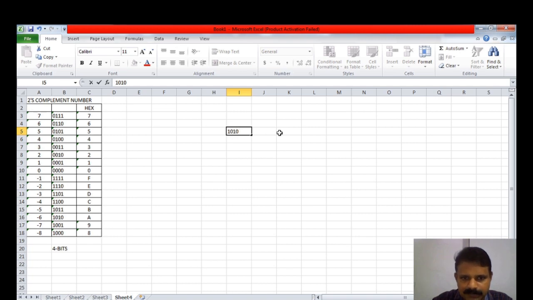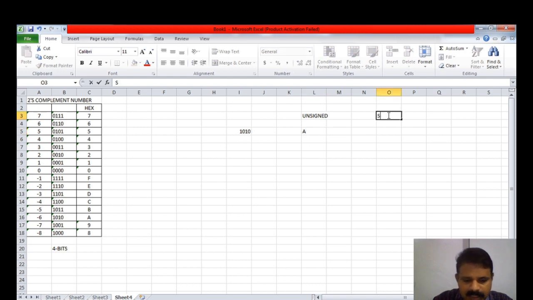What is the meaning? In unsigned arithmetic, the register contains the value A in hexadecimal or 10 in decimal.